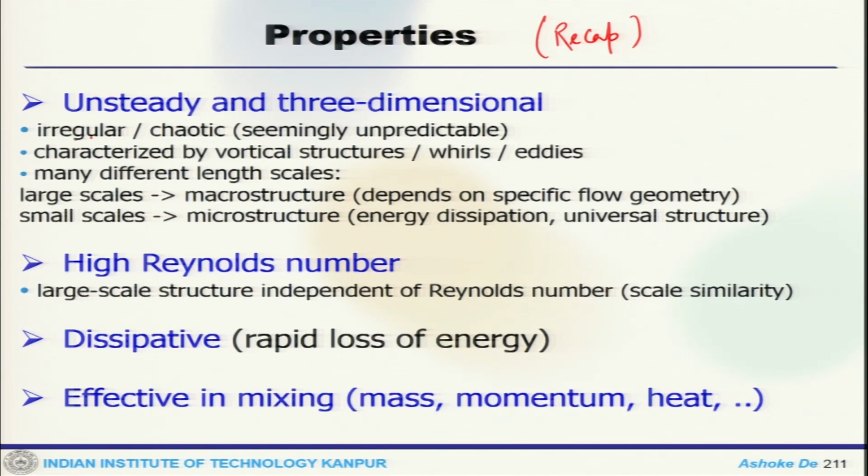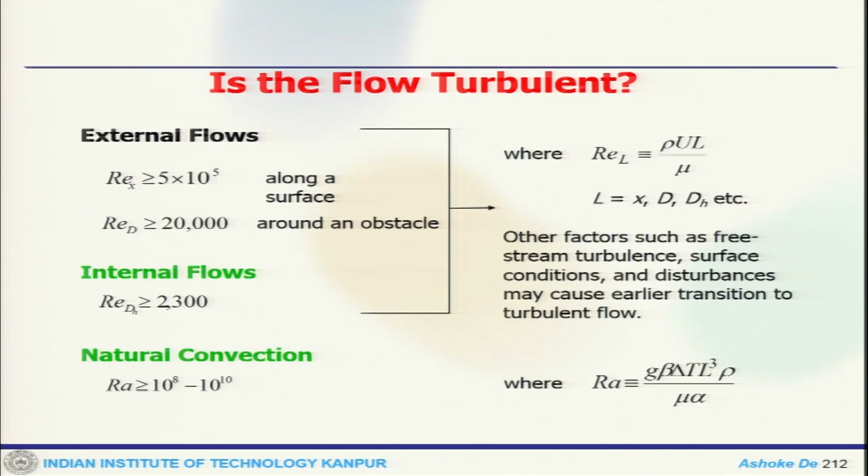There are different kinds of vortical structures, large scale and small scale structures. It is a high enough Reynolds number flow. It is dissipative in nature and allows effective mixing. That is how we use the Reynolds number, a non-dimensional number, to determine whether the flow is really turbulent or not.